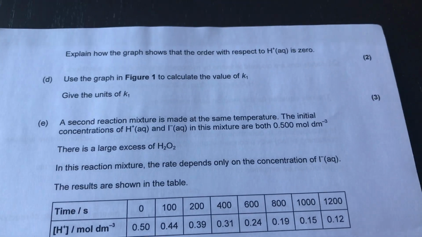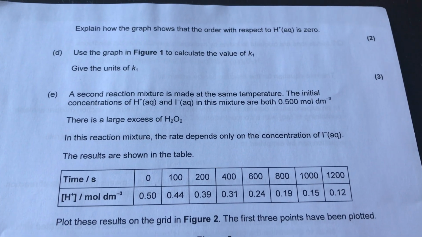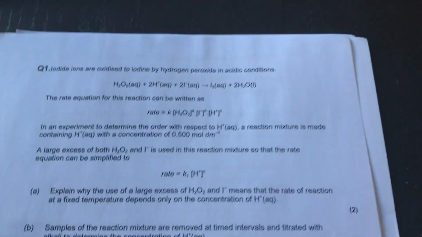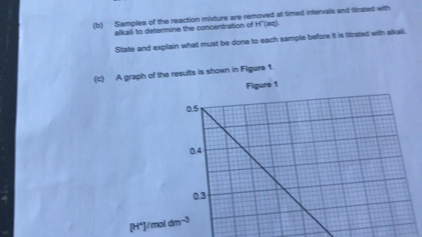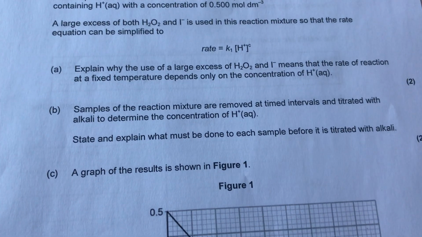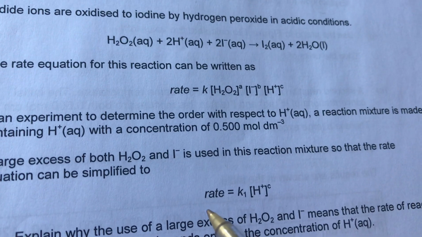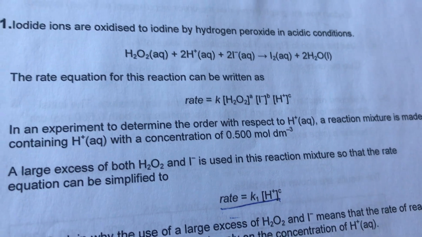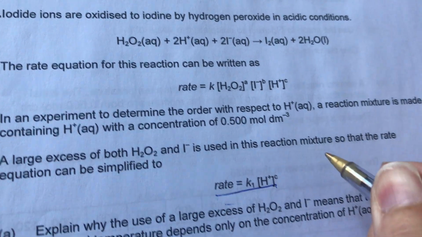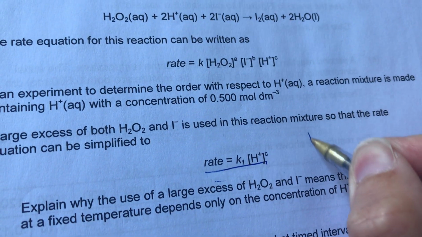Okay, question D. Use the graph in figure 1 to calculate the value of K1. So, you're given the rate equation here, and the second mark for this comes from the unit. So it's only 2 marks, so don't overthink it. So what do we want?